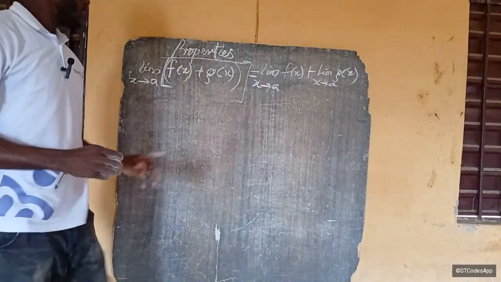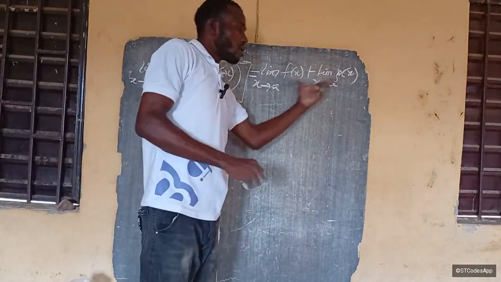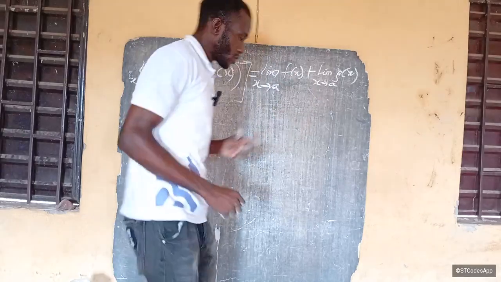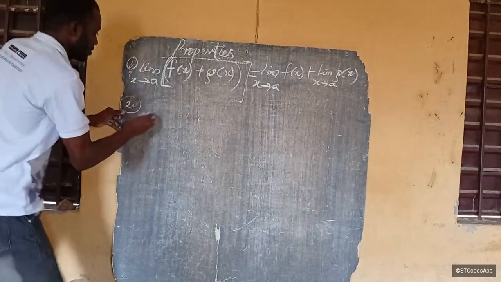Do we understand that the limit of this sum is equal to the sum of the individual limits? Okay, that's number one.